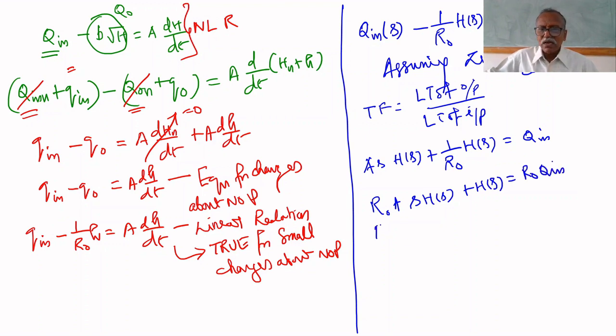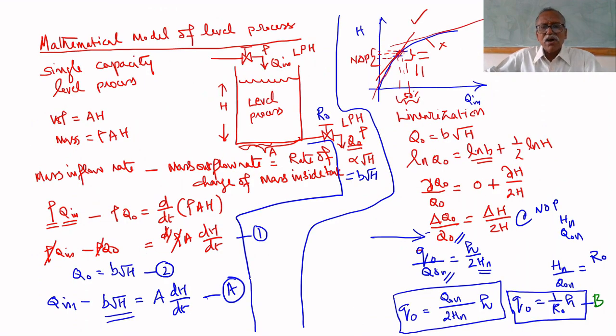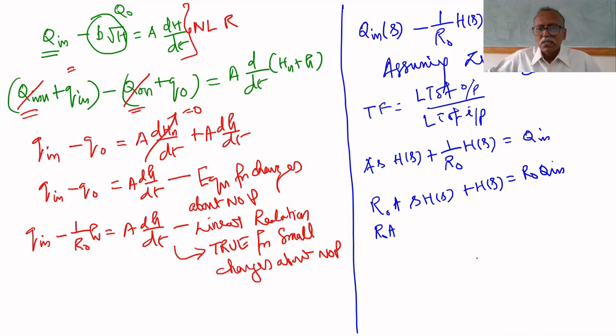We can say R naught A, simply you can call it R, instead of R naught you can say R also. R A S plus 1 multiplied by H of S equal to R naught Q in.